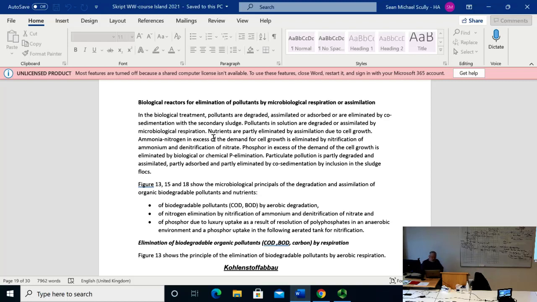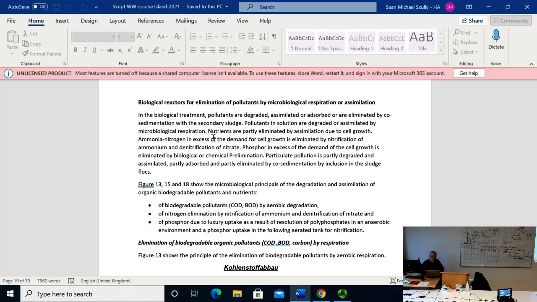You will degrade them completely, and then you will have a cell growth of 44.6 grams of cell mass. 31.25 grams will be organic in that cell mass. And in that cell mass, you will have 2.5 grams of nitrogen, which you will have to add as a nutrient.